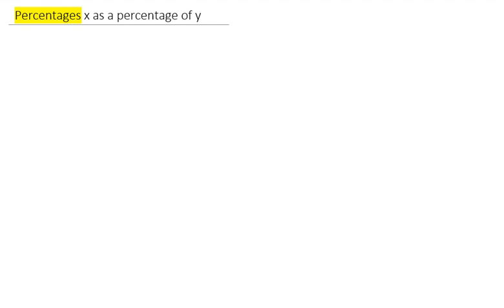Let's say a student has 20 questions in his exam and he got 5 out of 20 right. So we need to use the percentage to tell them how much of a grade he or she will get if he got 5 out of 20 right.